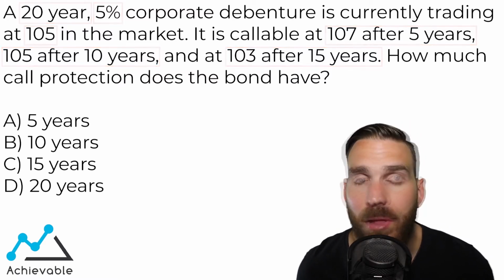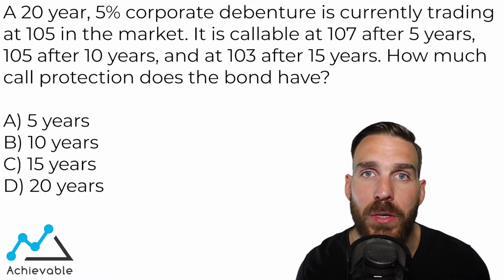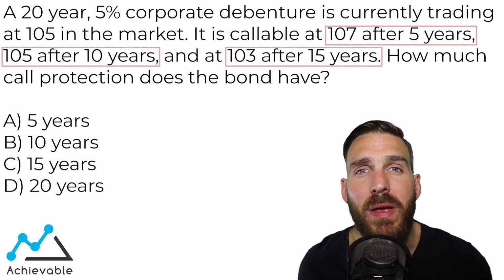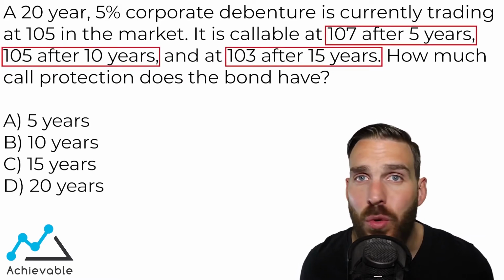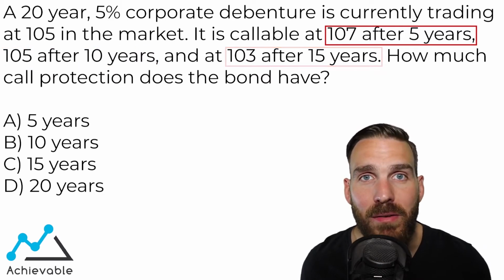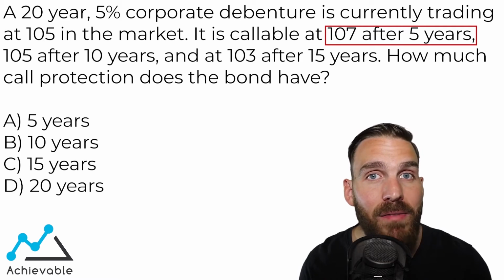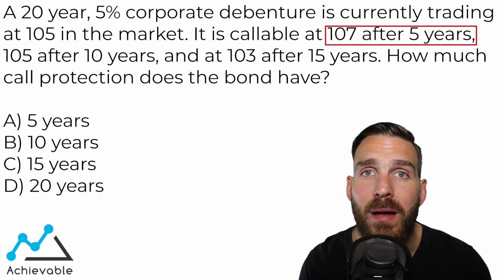Call protection, plain and simple, is the number of years before the issuer can actually call the bond. They gave us 3 different call dates, but 2 of them are not important, specifically the 10-year and the 15-year call dates. Because again, call protection is just the number of years that you have as a bondholder before the bond can be called.